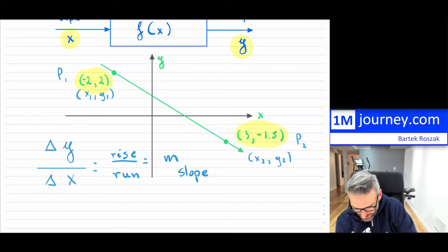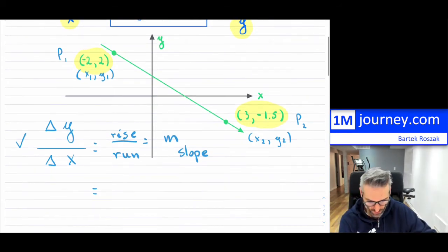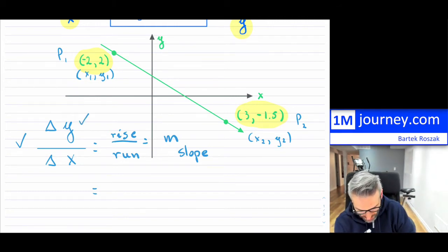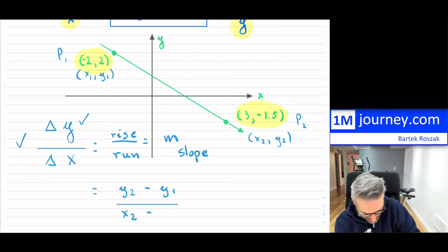How do we find the change? Well, we simply substitute it in, and our change in this case was y2 minus y1, divided by x2 minus x1.